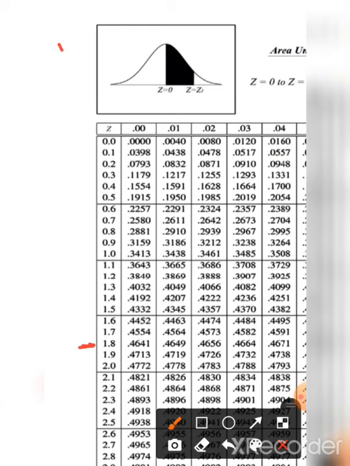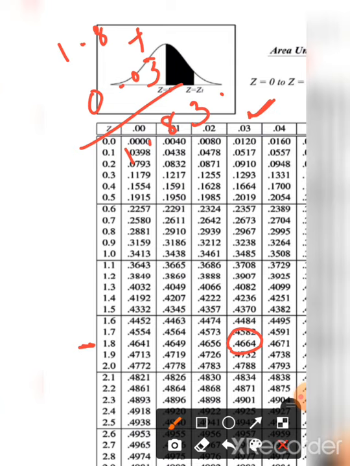That is 1.8 plus 0.03; you add them and you get 1.83. So when we talk about 1.83, you find this 1.8 and this column of 0.03, and you need to find where they intersect. You would find that it is intersecting over here. So what is your answer? Your answer is 0.4664.